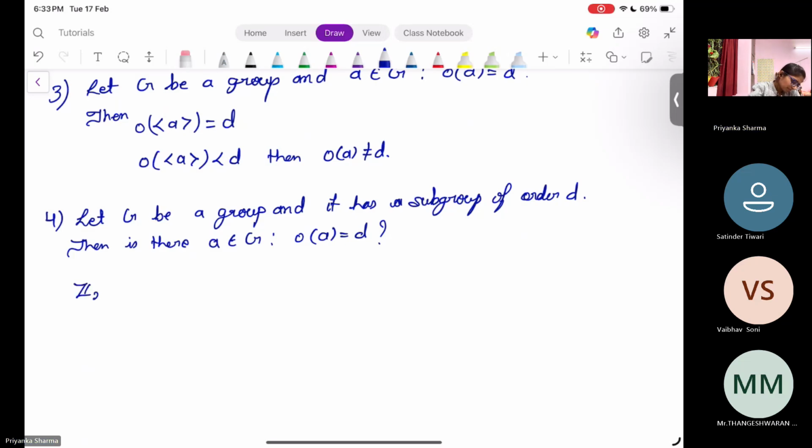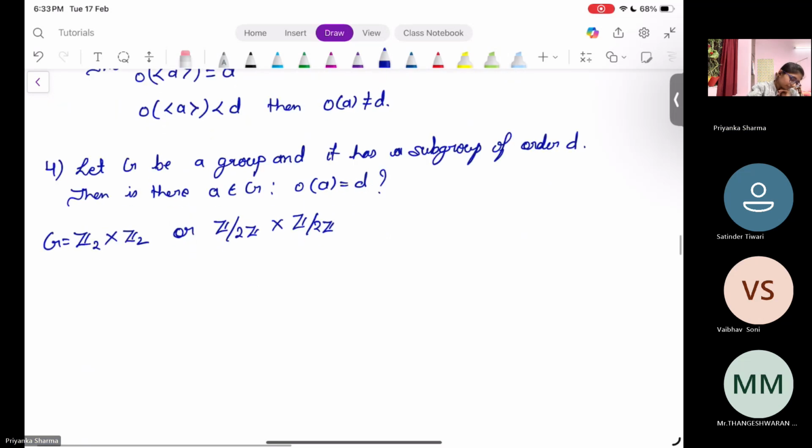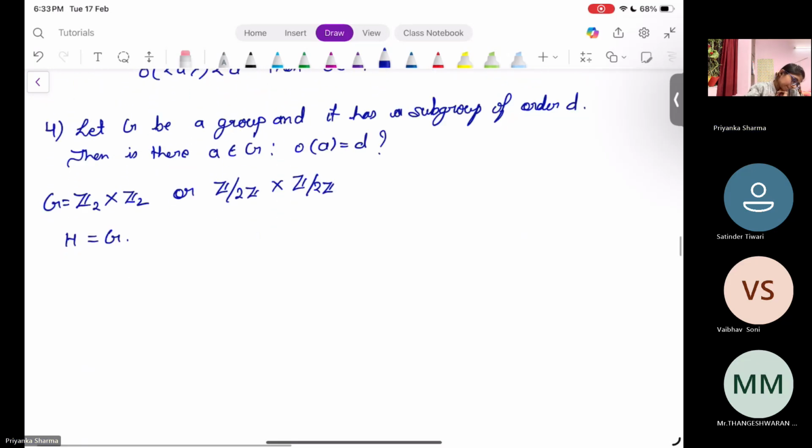So it is one of the simplest counterexamples. Consider this. Say the group is Z2 cross Z2, or you can consider it as Z over 2Z cross Z over 2Z. And if we consider H as G itself, then what is the order of H?